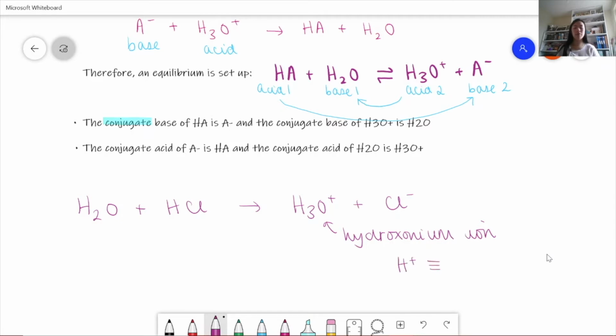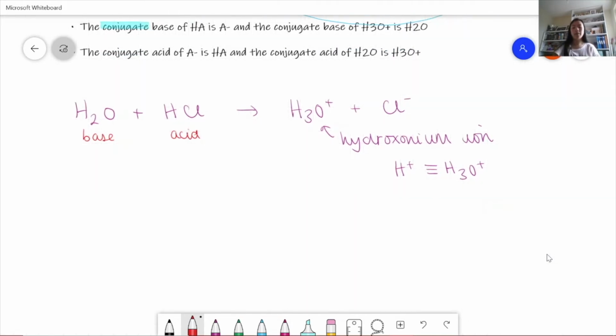So this three-line symbol means equivalent. And so in this case, water is acting as the base, whilst HCl is acting as the acid.